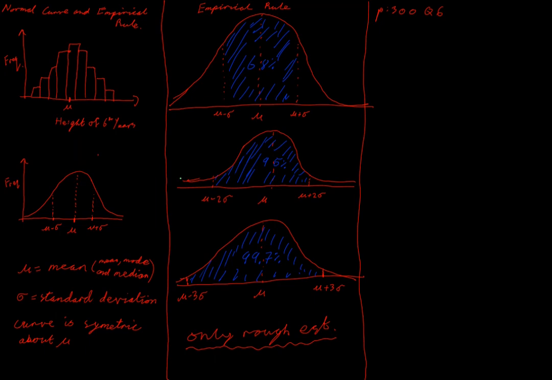you are required to know something called the empirical rule, which is, if you have a normal distribution, so we have our bell curve within my ability to draw, we have the mean in the middle.